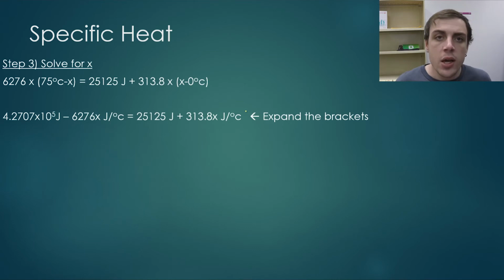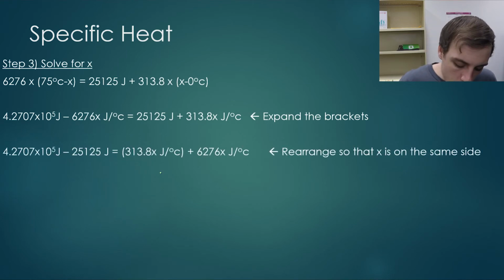Now that we've done that, we can start to rearrange some of these values to simplify. We can shuffle these things around so that we have all the X's, our unknowns, on the same side. By moving this negative 6276x over here, it turns into a positive value, and that's why we can see this is now a positive.